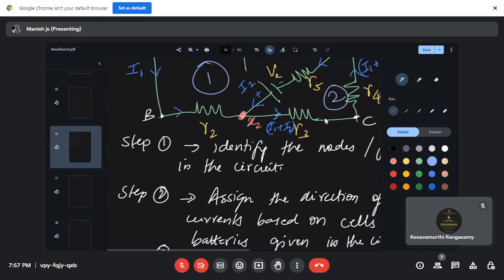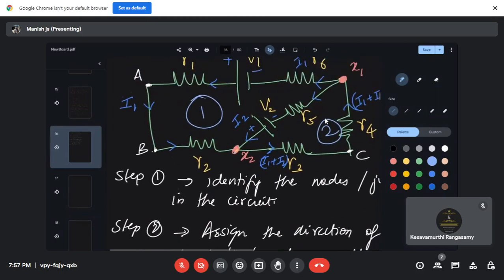I am now touching X2. From there, I will move from X2 to X1. Between X2 and X1 there are two components: one is cell V2 and the other is resistor R5. We are moving in the opposite direction of current, which is I2. But first I encounter a cell.